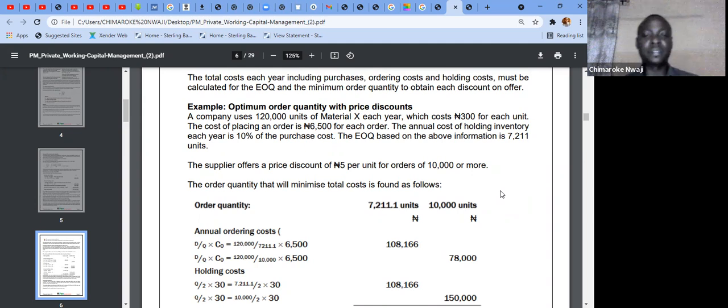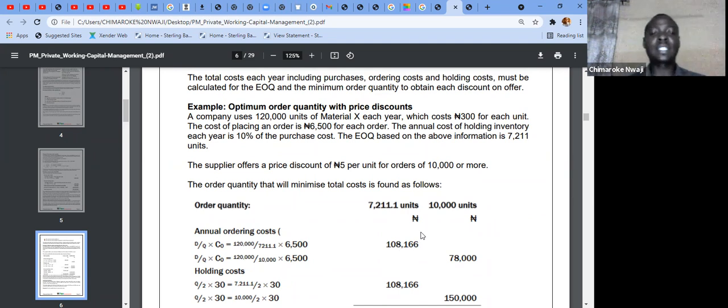All right, let's see. EOQ versus bulk. 7,211.1 units versus 10,000 units. Let us see the annual ordering cost. Like we said in the EOQ, it's going to be 108,166.